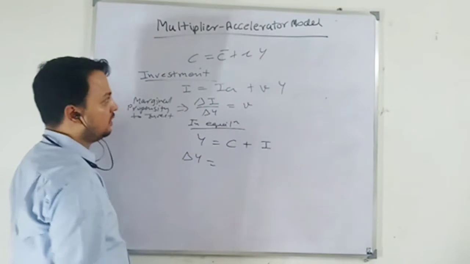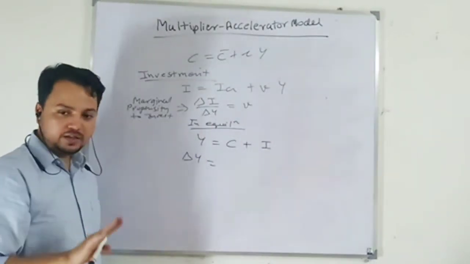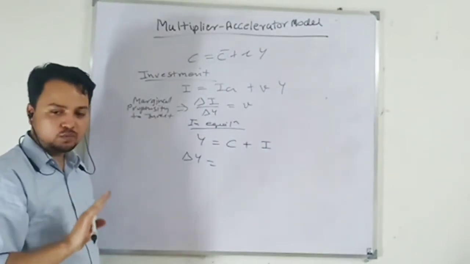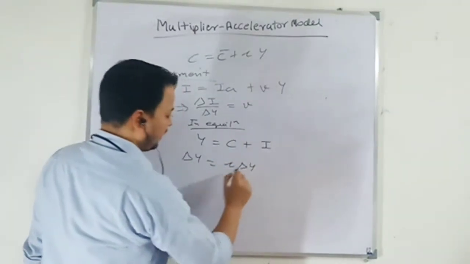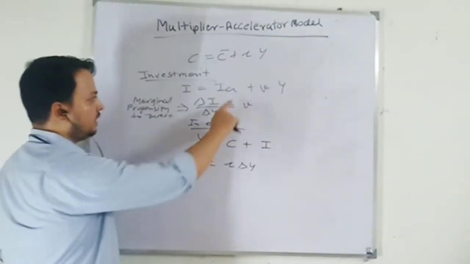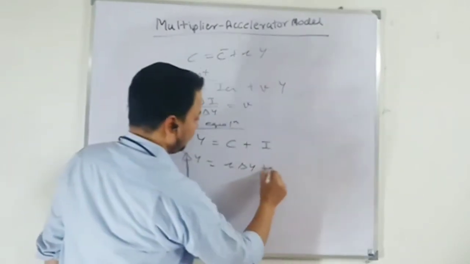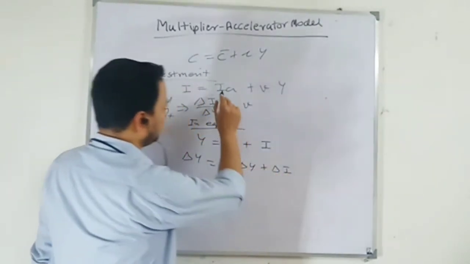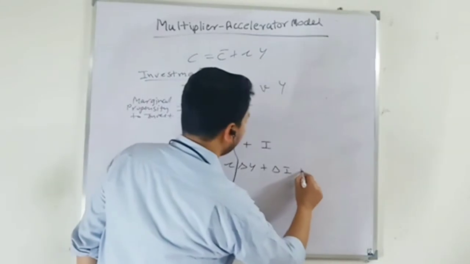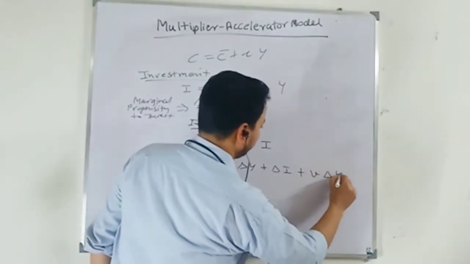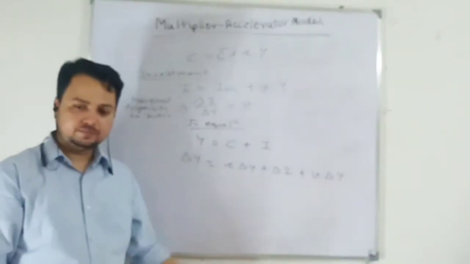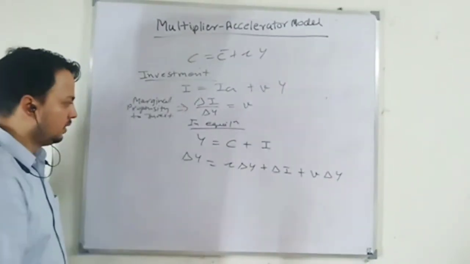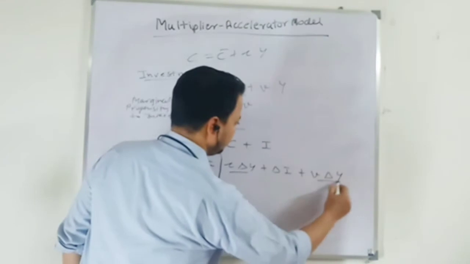When income changes, this remains stable, we never change the autonomous part of consumption. So I will take only the induced part. Here both will change: autonomous investment will change also, plus the induced investment part will change. Clear?